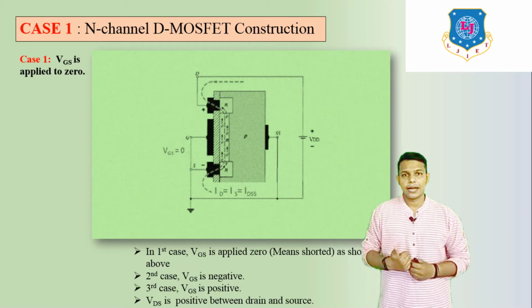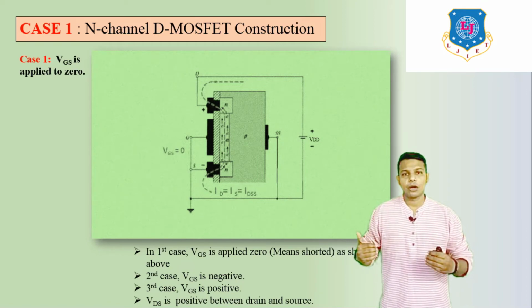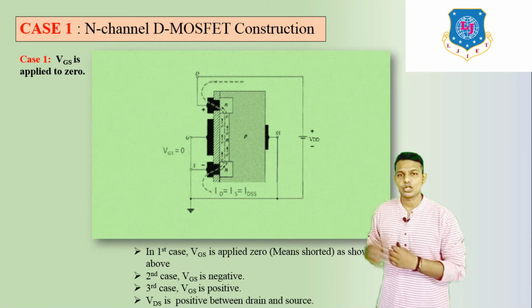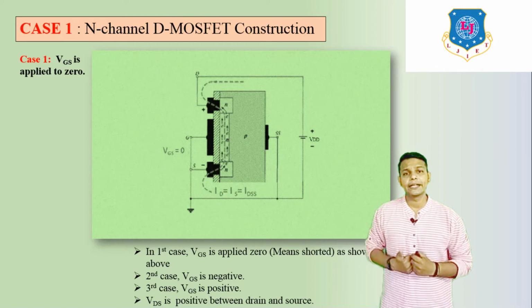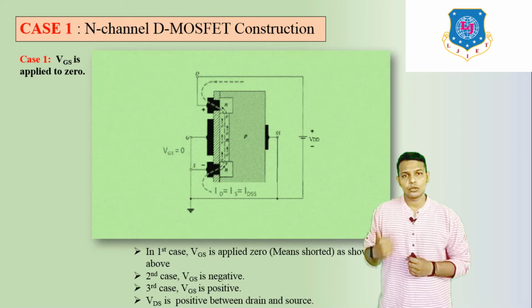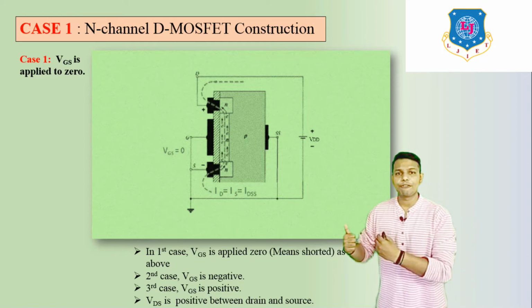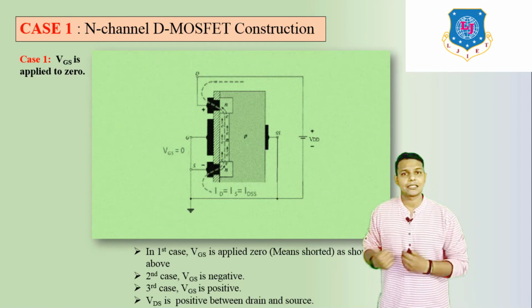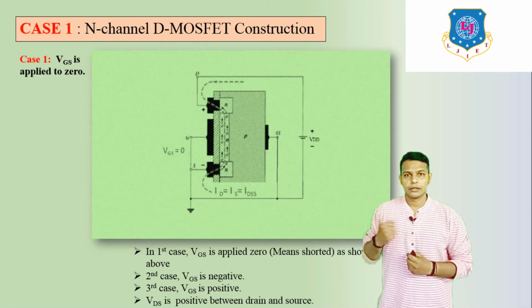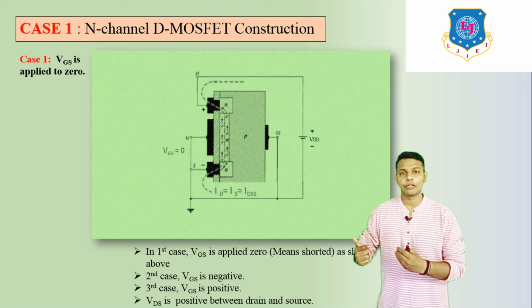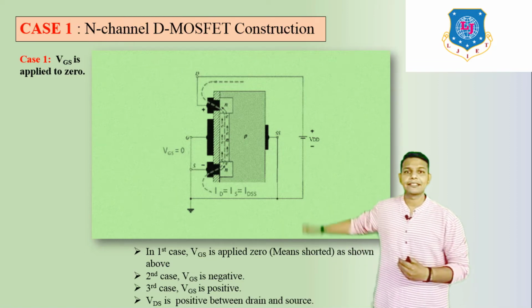And we plot a graph of the characteristics of D-MOSFET. In case number 1, we will discuss VGS equal to 0, and verify what happens if we apply VGS equal to 0. In case number 2, if we apply more and more negative voltage, what happens in this construction?